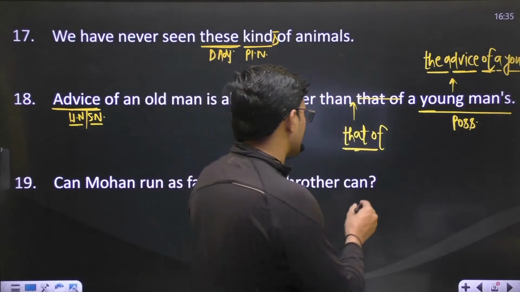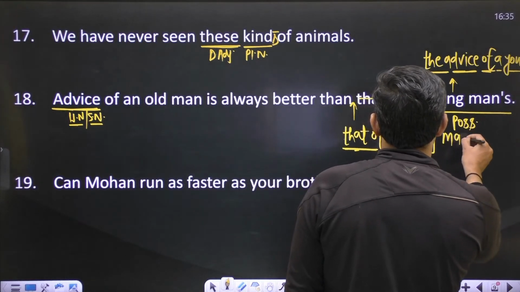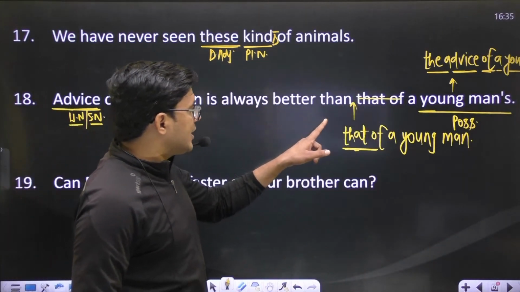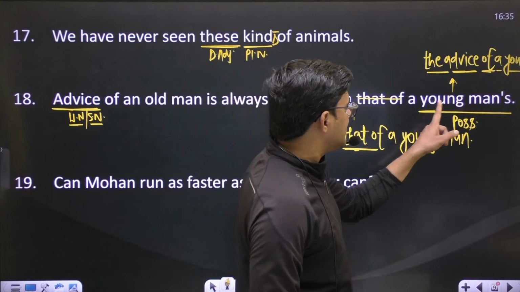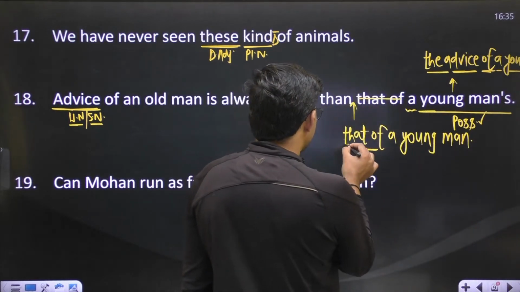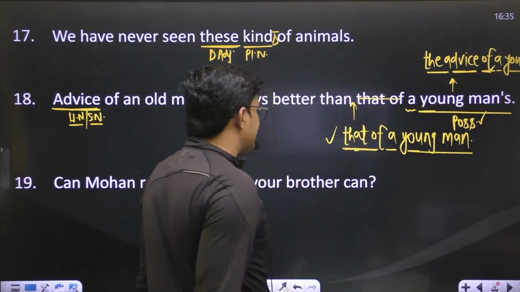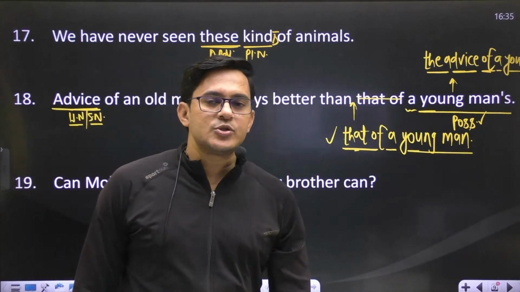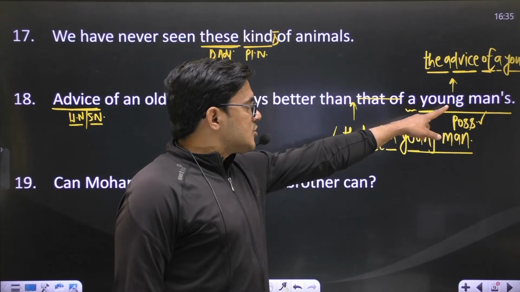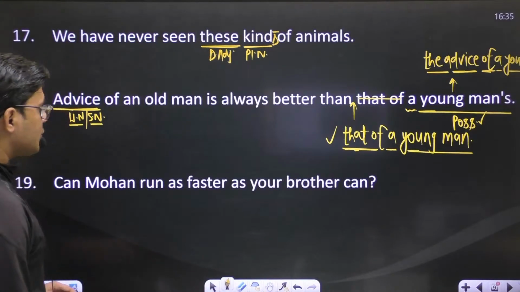Either you speak: advice of an old man is always better than a young man's, this is okay, or you speak: than that of a young man. Both will be the right answer. You can make this sentence correct both ways. Okay, move to the next sentence.